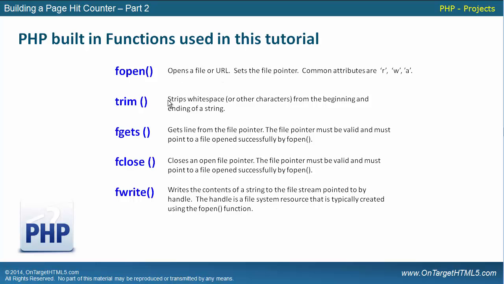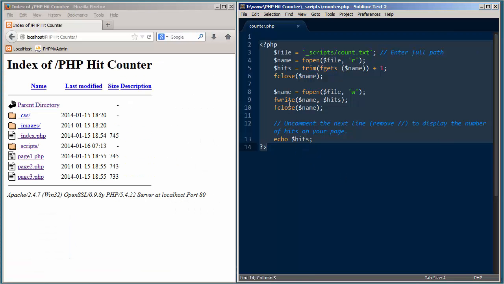So again, using this fopen function, we opened up that file, we have this pointer assigned to it, and inside of our program, if you remember, we're actually using that fwrite command to take the file and increment the hits. Remember up here we added 1 to the value of hits. Whatever we read in, we added 1 to it. Now we're writing that value back to that flat text file. And then we're closing the file out.